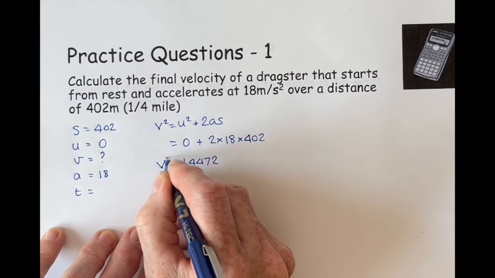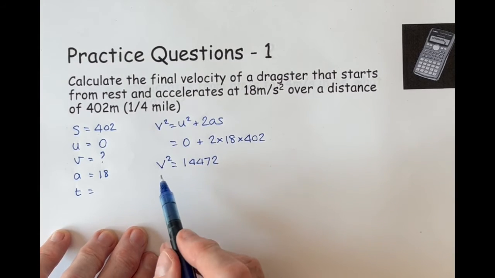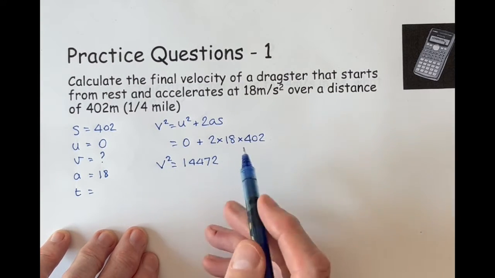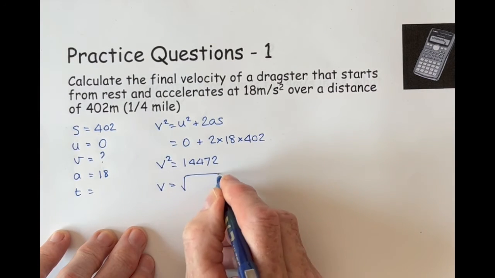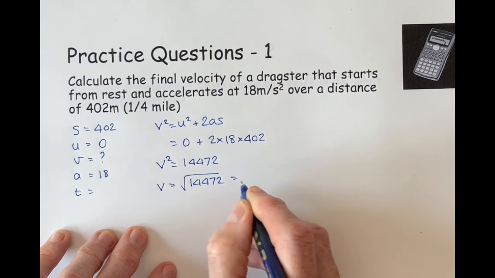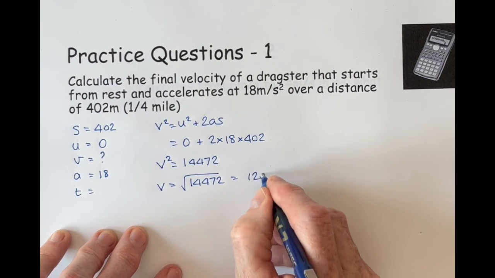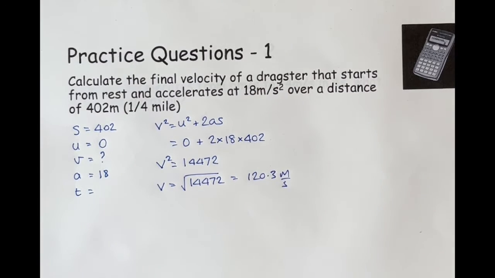Remember, this is v squared, okay? That's v squared. So then to cancel out the square, you just square root both sides. So v equals the square root of 14472, which equals 120.3 meters per second. So there you go.